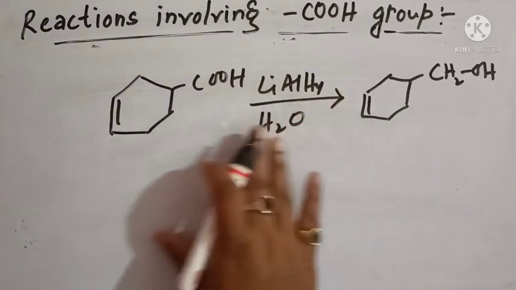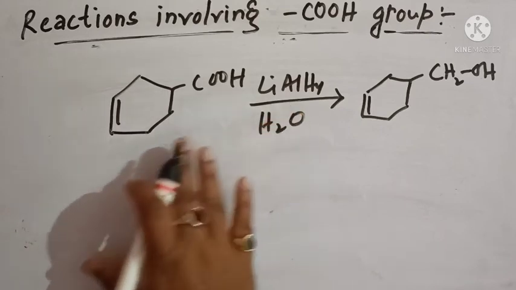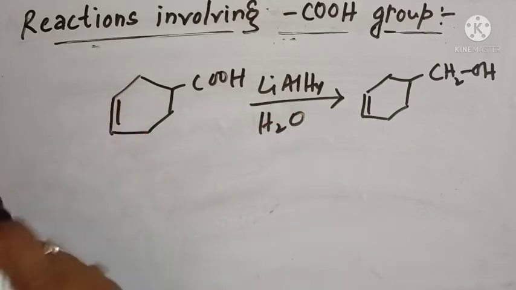So we can use the hydride reducing agent, because the alkenes or the alkynes, the multiple bonds, generally do not get affected by the hydride reducing agent. So we can use this reaction.